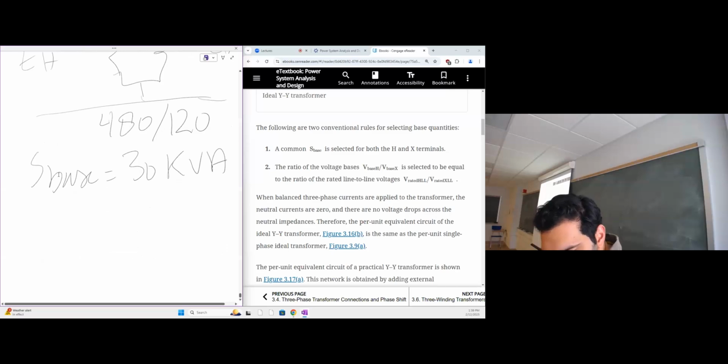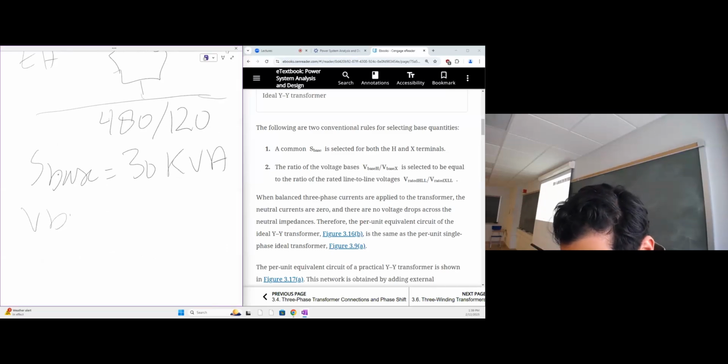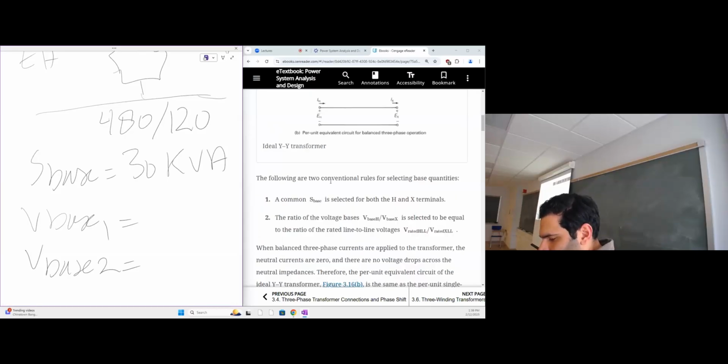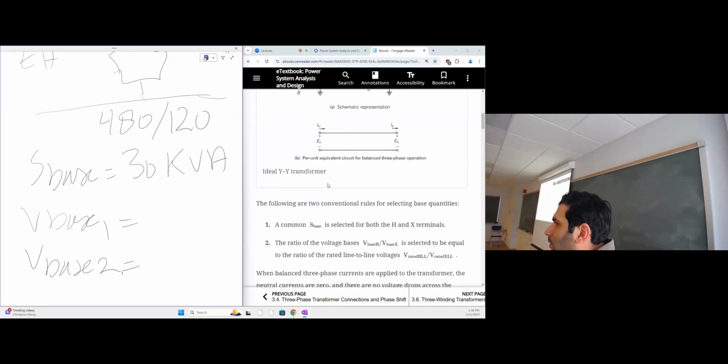I'd like to determine V base 1 and V base 2. S base is common for all the system, no change. Okay, let's agree on that. What about V base 1? How much? 480. Yeah.